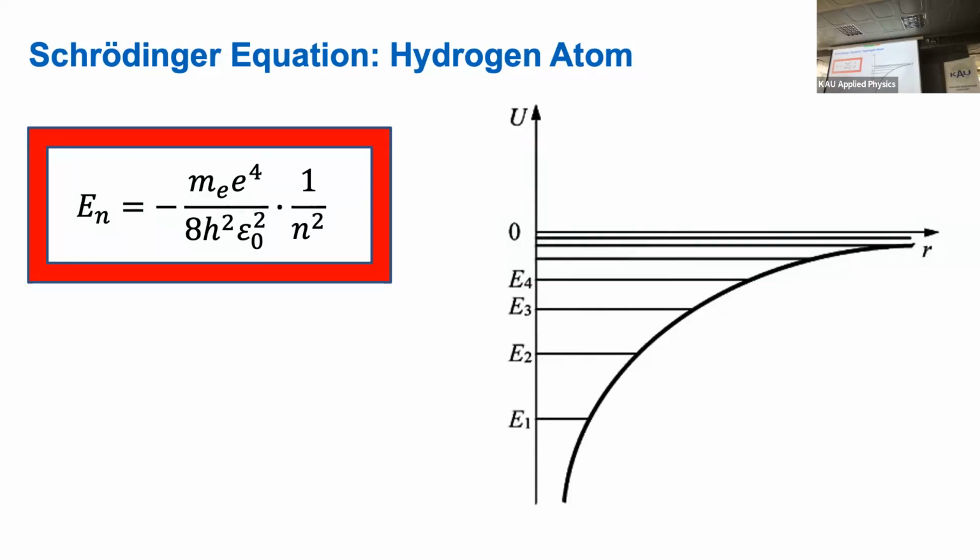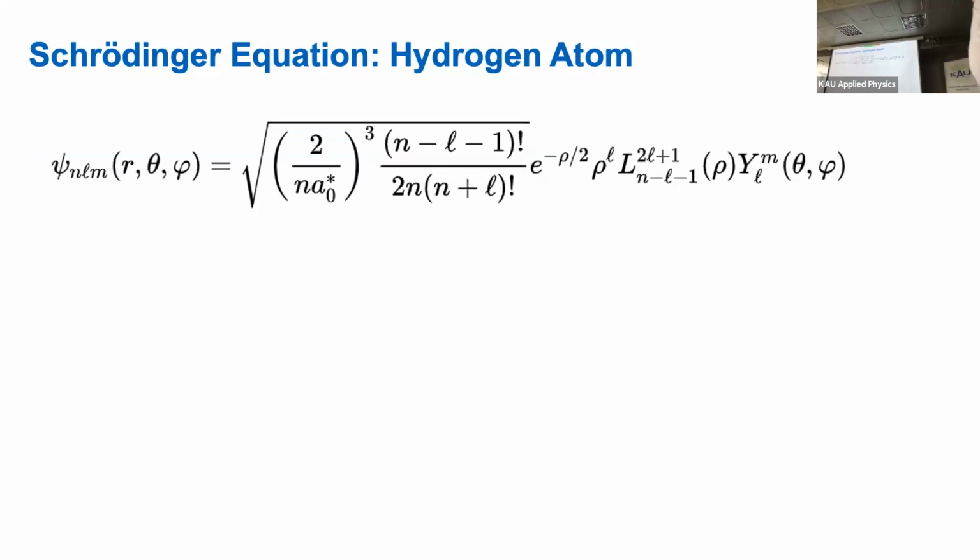So the energy of the hydrogen atom quantizes in a rather hard way, and this is the psi function for the hydrogen atom. I hope that you have seen this function before; it was in your courses. We can divide it into 2 parts.